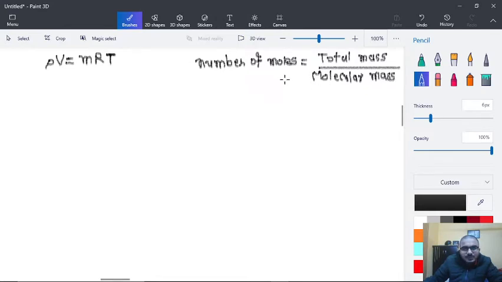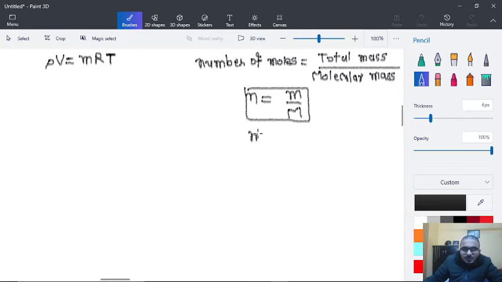In terms of symbols we can write this as N is equal to small m divided by capital M. So that is the equation. We have already studied this in our fundamental chemistry.